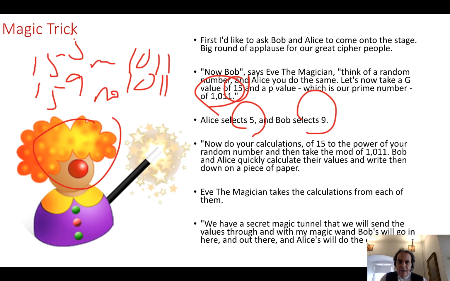And then they write down their values. Now they're going to exchange the values between each other, just like they would in normal practice. Eve's got a special tunnel that she's going to send them through. She feeds in the messages at either end, and she taps the tunnel, has a look inside, and then passes the values.